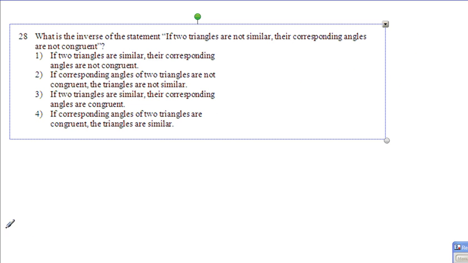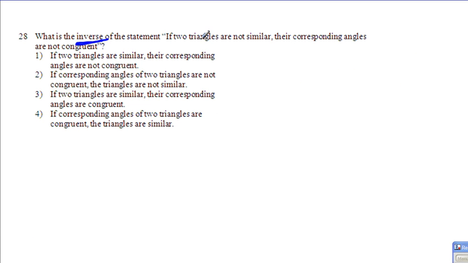Alright, number 28. Inverse simply means negate each statement. So since there's already not, get rid of that. Not, get rid of that. That's all we have to do in case of inverse. So if two triangles are similar, their corresponding angles are congruent.